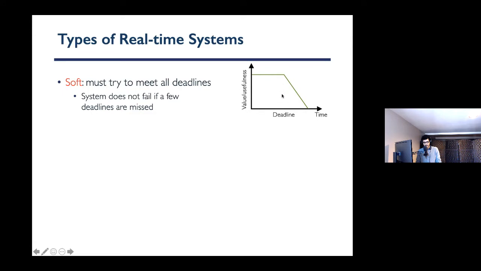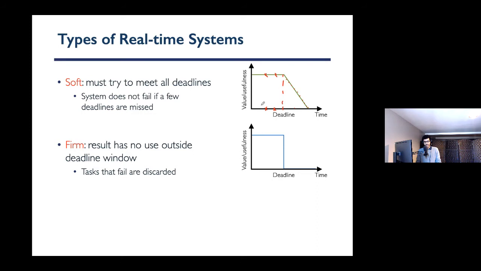Now, if you finish your task anywhere before its deadline, you get full value out of doing that task. The moment you miss the deadline, then the value that you get out of executing and finishing this task decreases. It doesn't right away go to zero, or become negative.